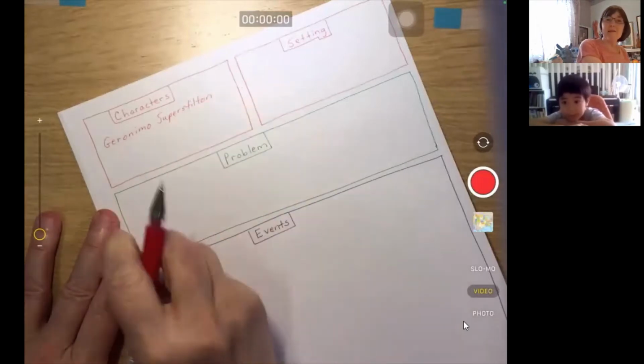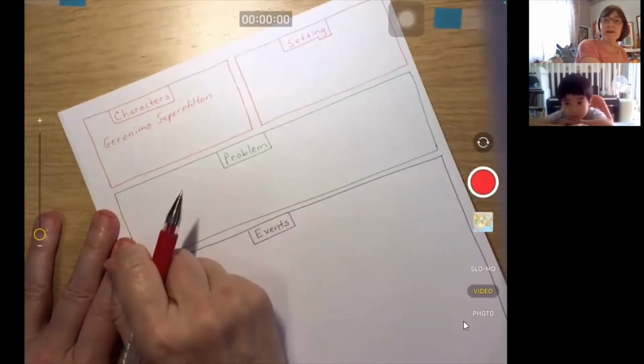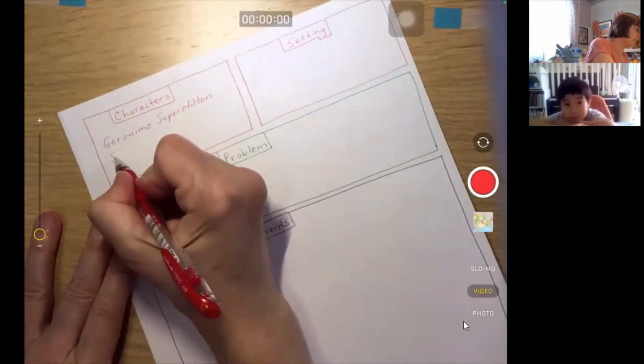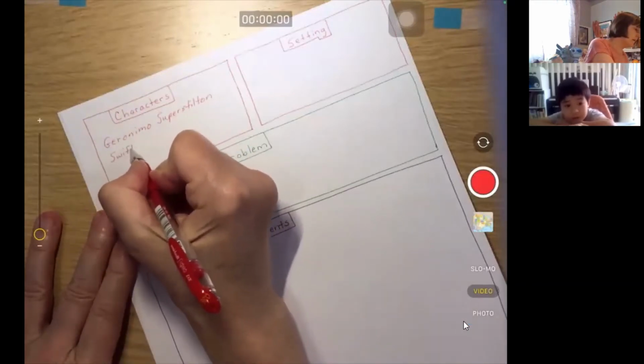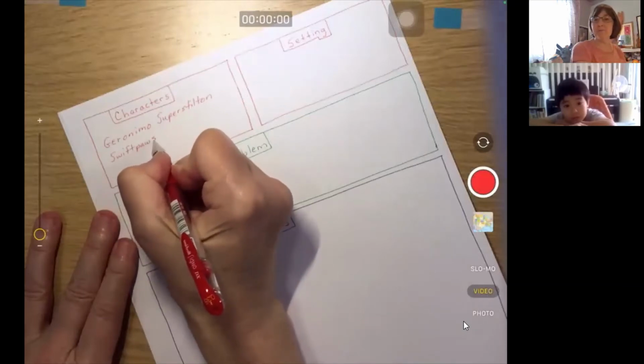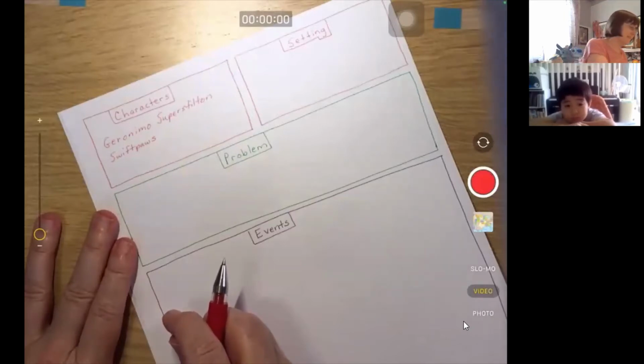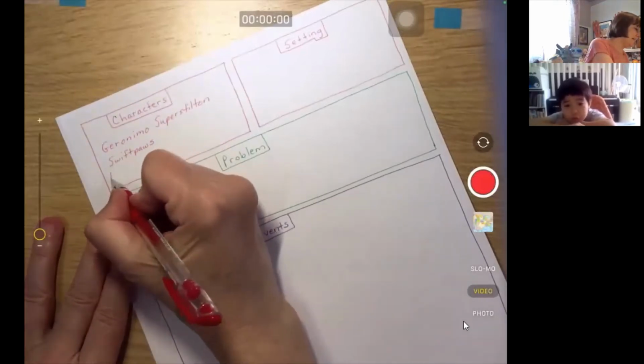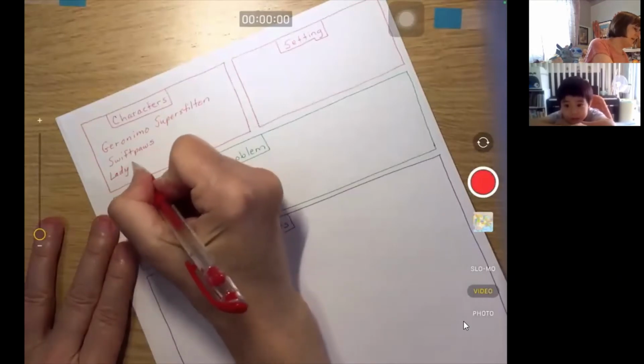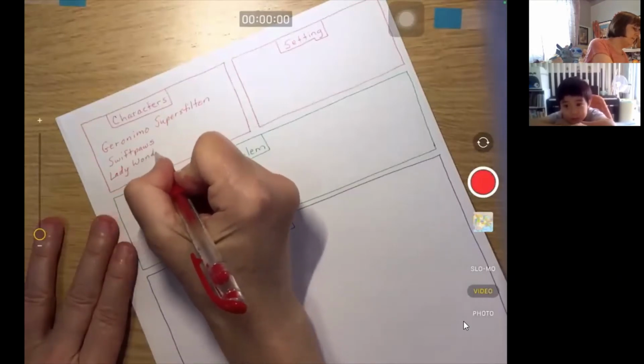Okay. And then we also have his partner, Swift Paws. Swift Paws. And who is his other partner? Super Lady Wonder Whiskers. Right, Lady Wonder Whiskers.